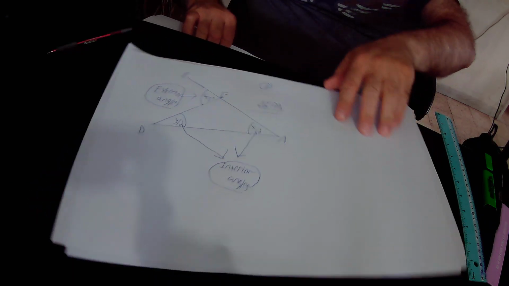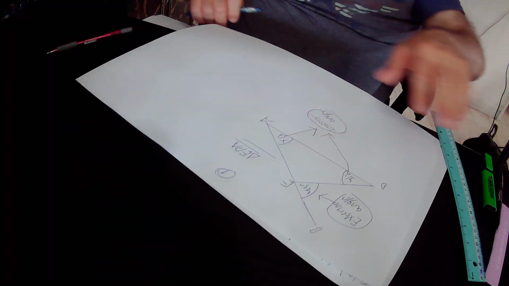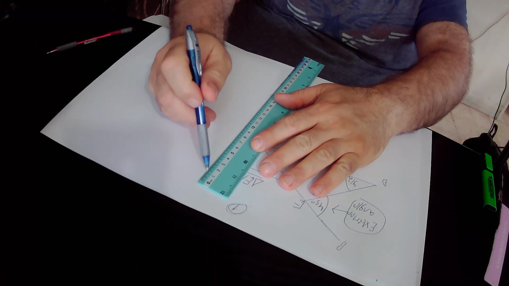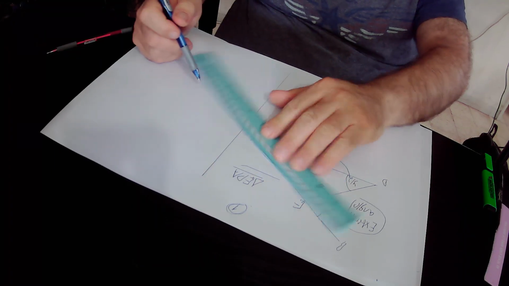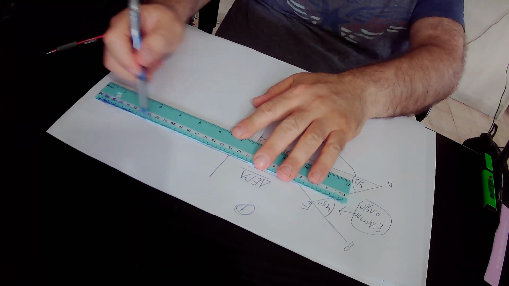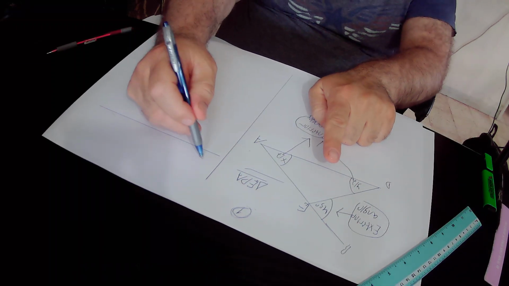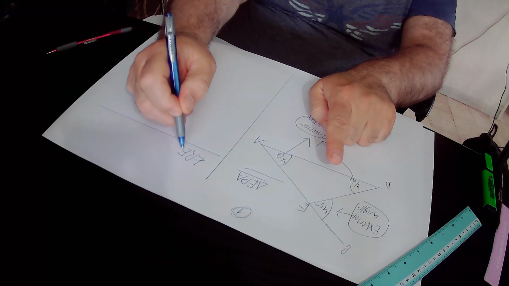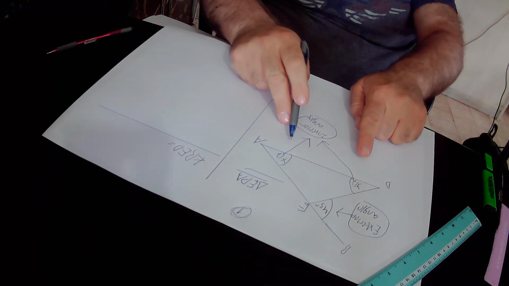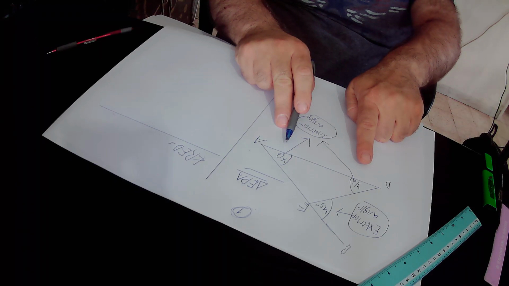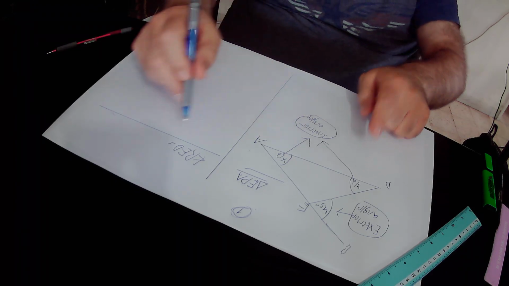So I'll write it down. The size of the exterior angle BED according to rule 4 is equal to the sum of the two interior angles that are not adjacent to it. That is to say, it is x over 2 plus y over 2.